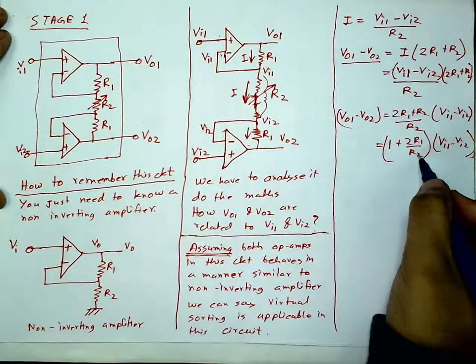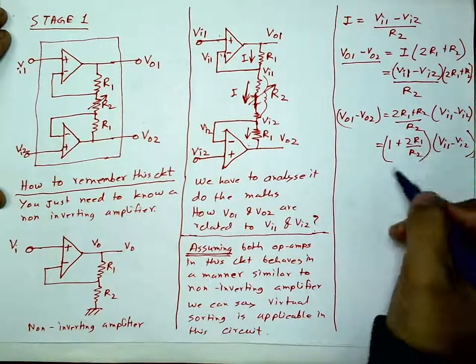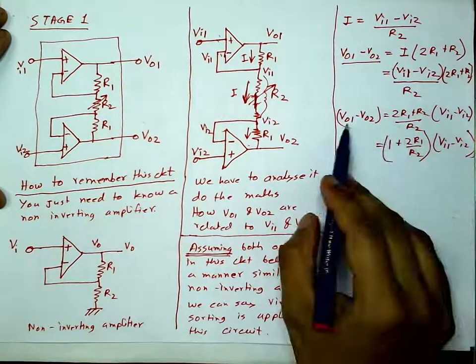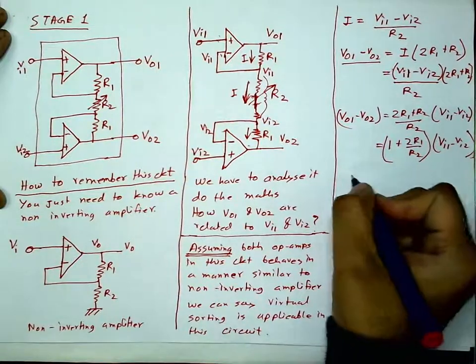If I increase R2, this term will reduce, so gain will be reduced. If I decrease R2, gain will be more. So this is a difference amplifier.